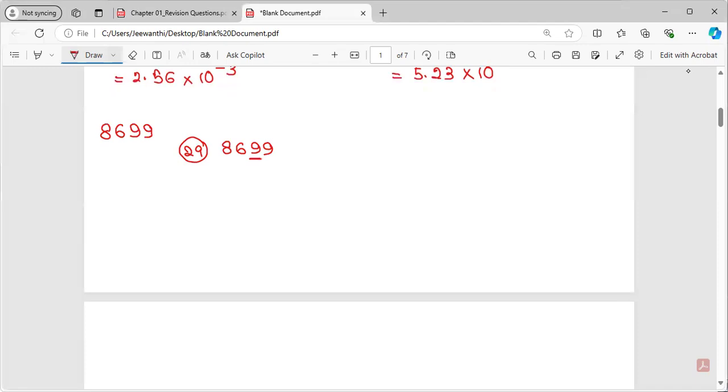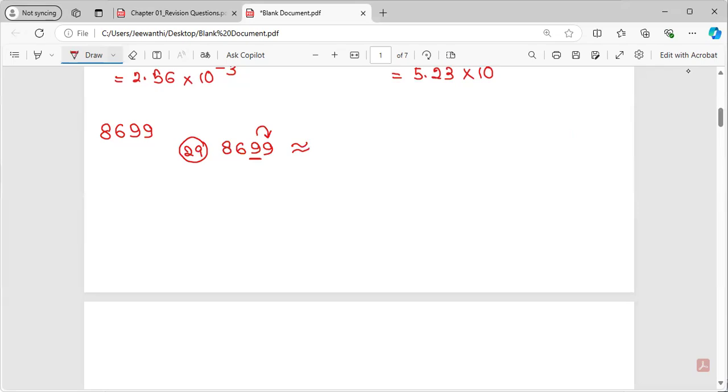I underline the tens place because I want to correct this number to the nearest ten. I underline the tens place and I look at the next number. If the next number is 5 or more than 5, I should add 1 to the underlined number. So then this is approximately equal. Why can't I use the equal sign?